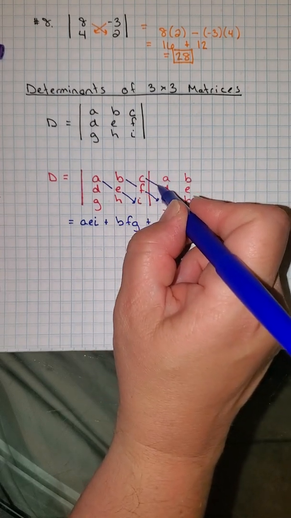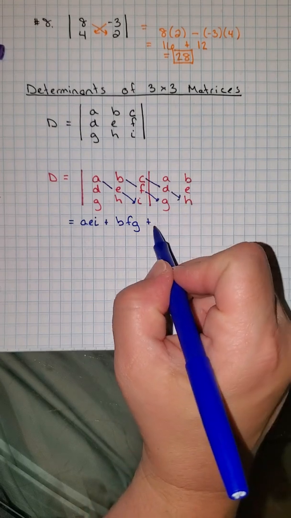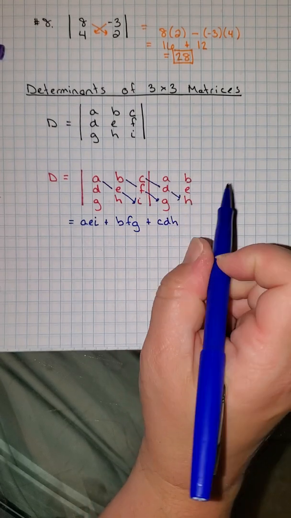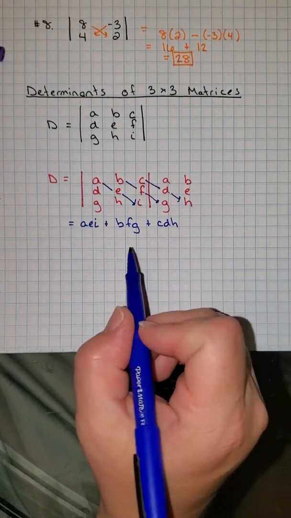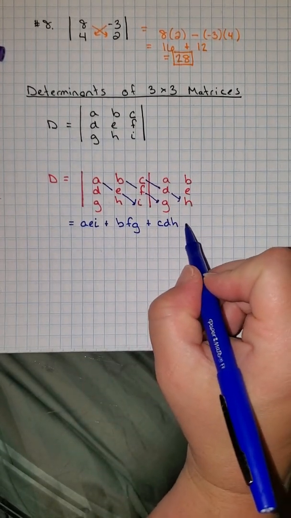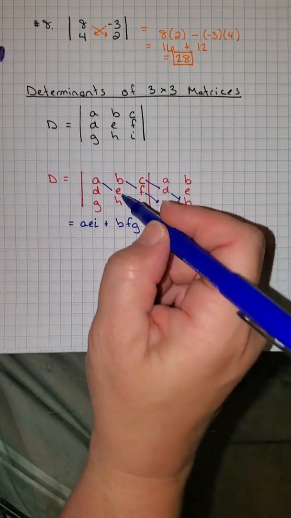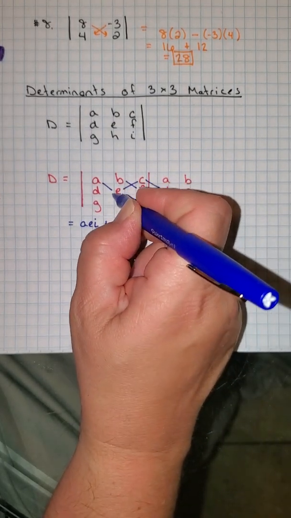Plus, and then the last one we have C, D, H. Same way we started the other one, except it was less complicated. Then minus going the other way, starting with C, E, G.